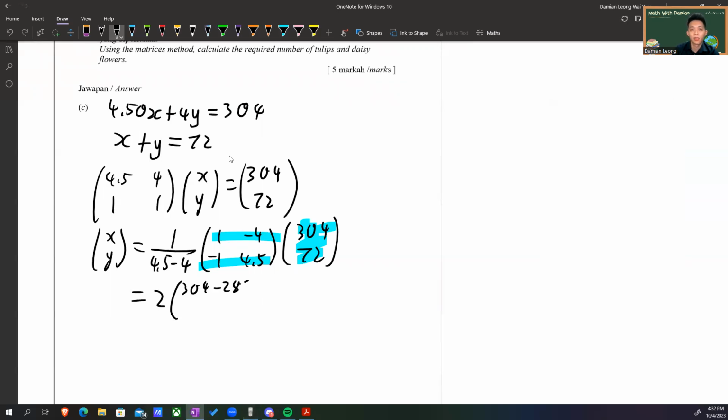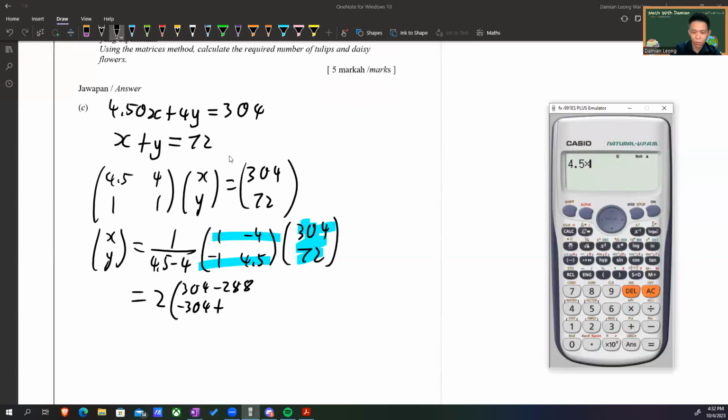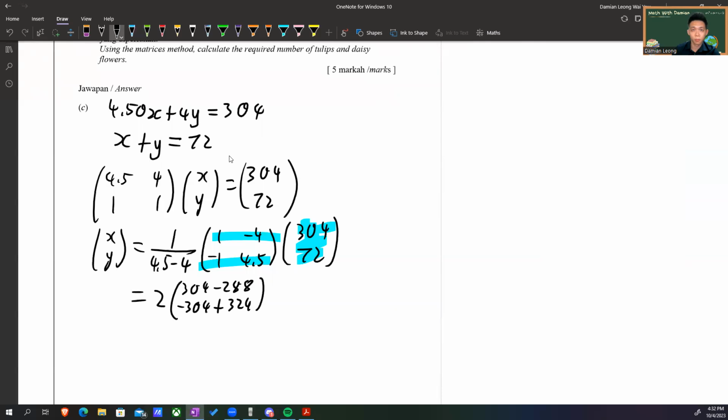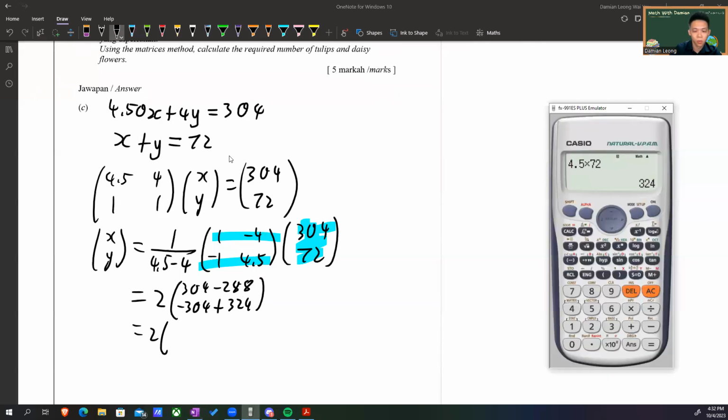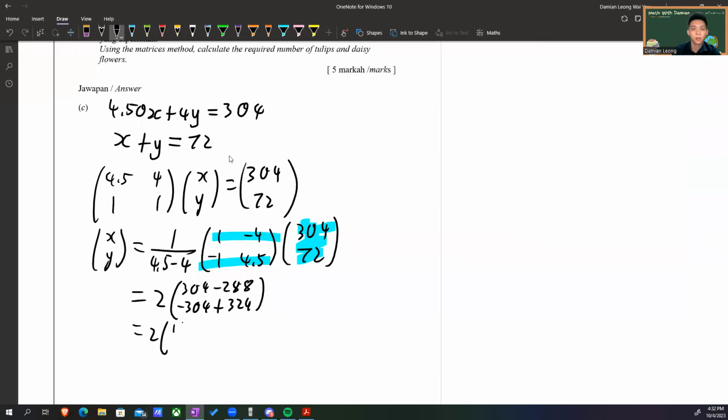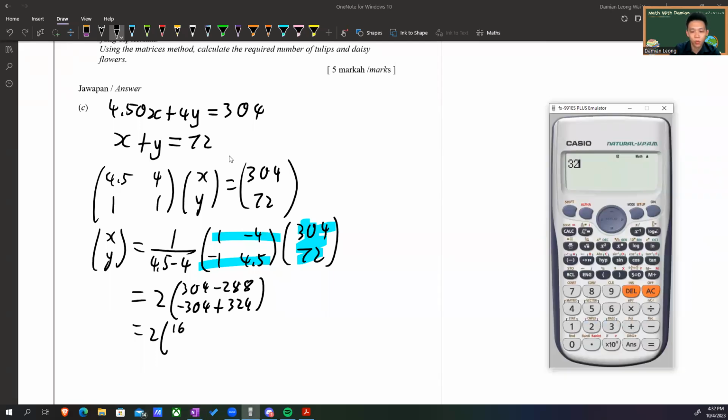Minus 288, negative 1 times 304, negative 304, plus 4.5 times 72, 324. 304 minus 288 is 16. And 324 minus 304 is 20.